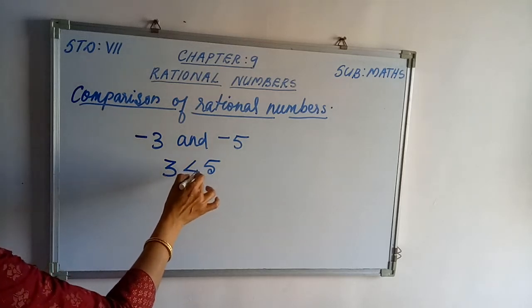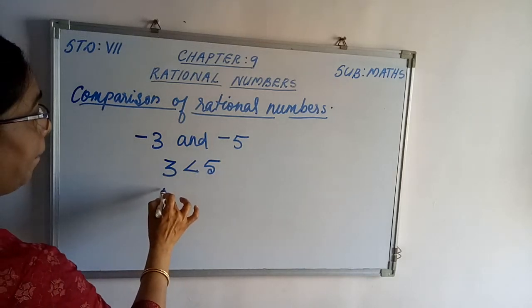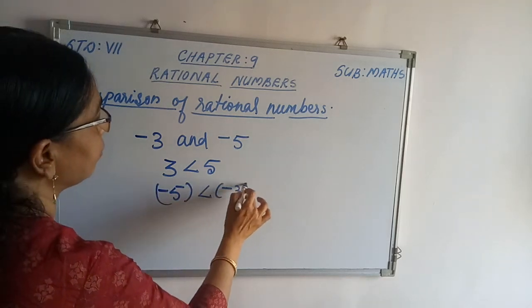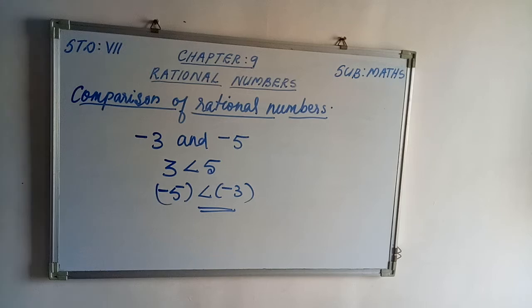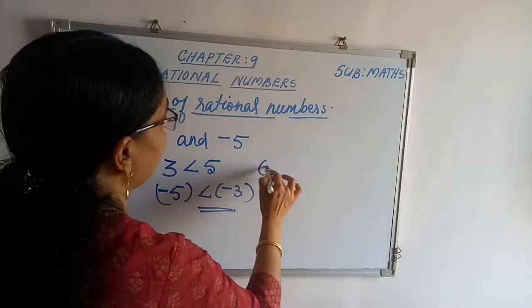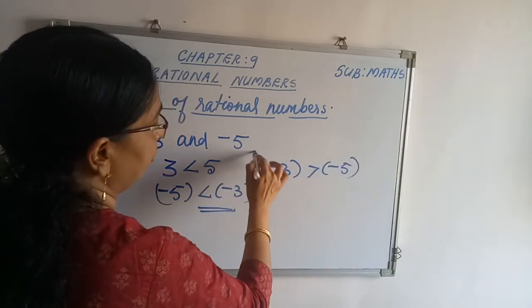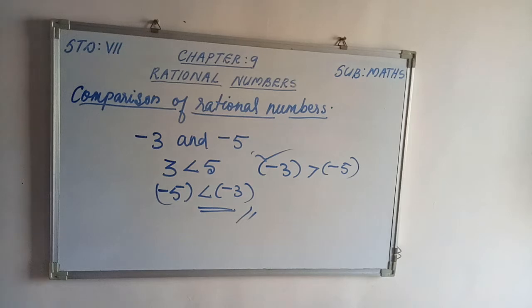Now 3 is less than 5, then minus 5 will be less than minus 3. Otherwise, in the same order if you write, minus 3 is greater than minus 5. Both are the same. Is that clear?